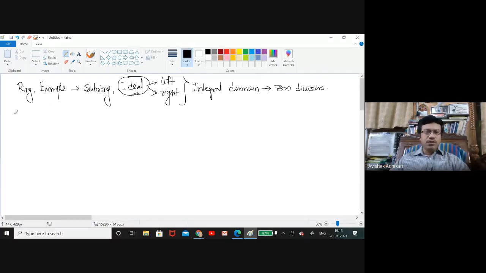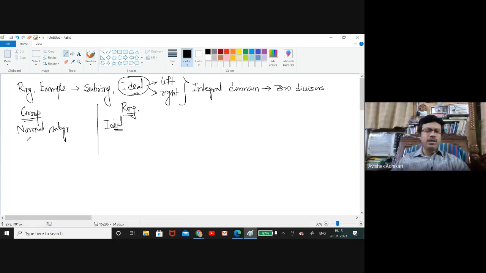Okay, so when we talk about ideal, as I mentioned in my last class, in case of group, we have the idea of normal subgroup. In case of a ring, the similar idea which helps us for quotient, as in case of group, is known as ideal.